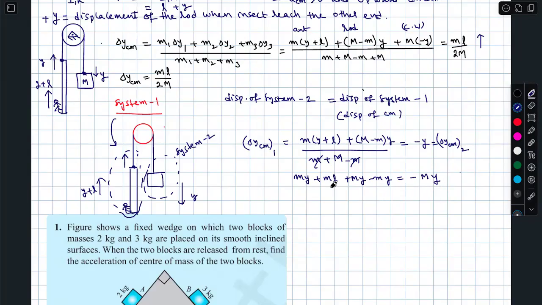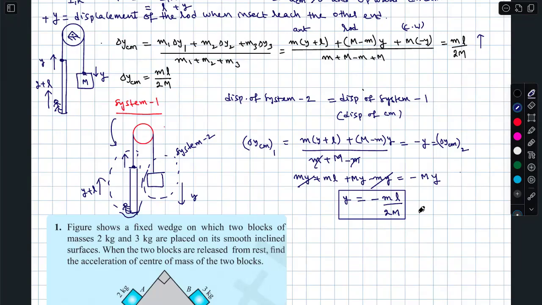Now next, what else you have? Y should be some number. Actually, you should answer as minus y.